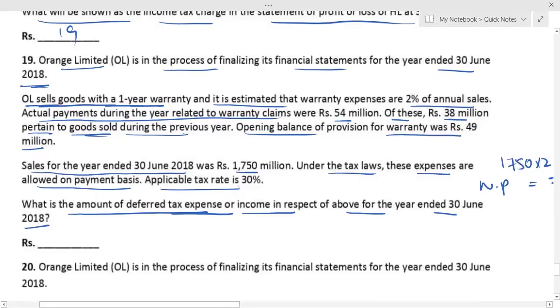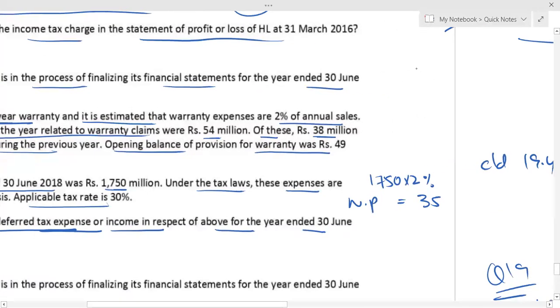How much of the warranty provision is paid? Please look at this. Total payment is 54, but out of this 54, 38 pertains to the previous year. So how much belongs to the current year? 54 minus 38 is 16.